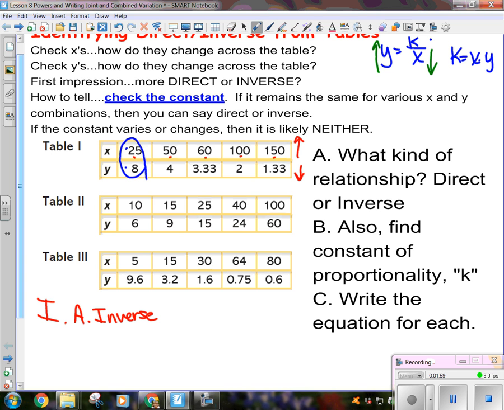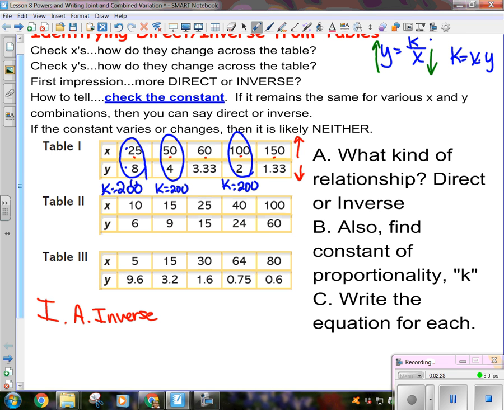What's 25 times 8? 200. It's like 8 quarters, right? It would be 200 cents or $2. What's 50 times 4? You have to check multiple x and y combinations. That's also 200. What's 100 times 2? Also 200. So far it's looking really good. I do think because of the decimal, it's going to give you like 199 point something.